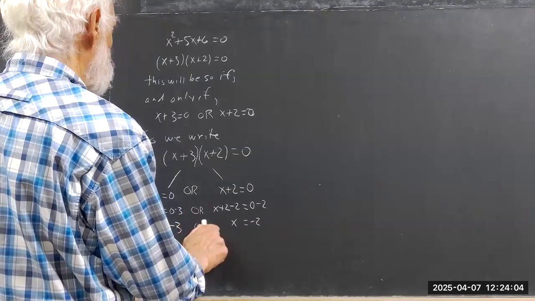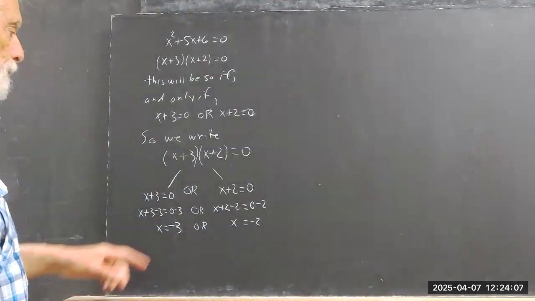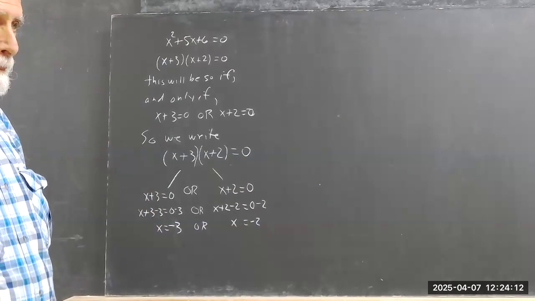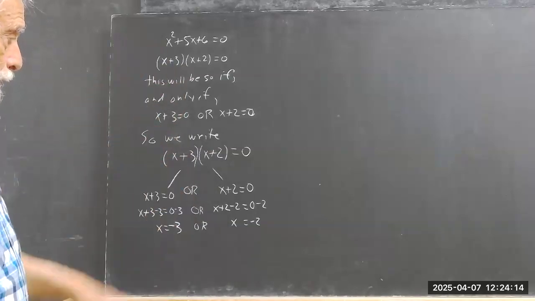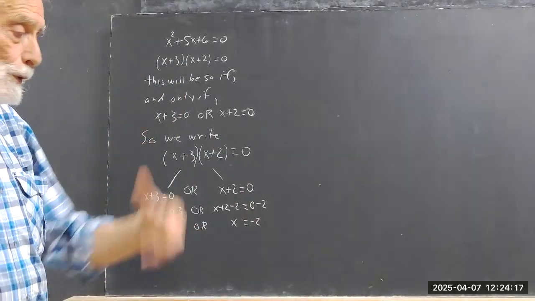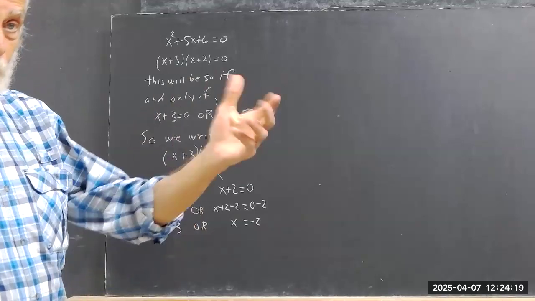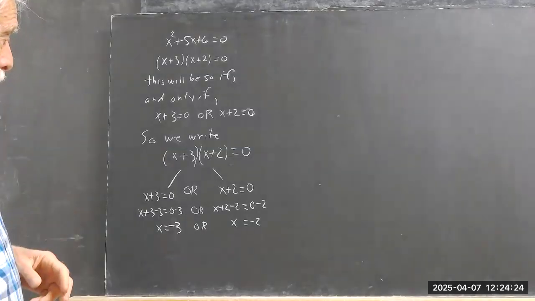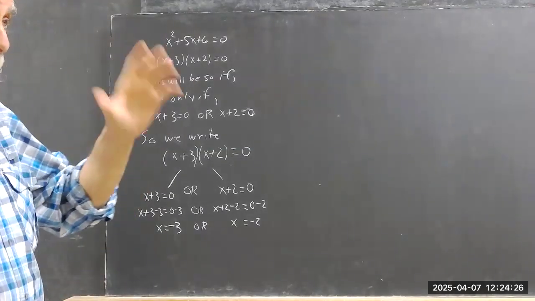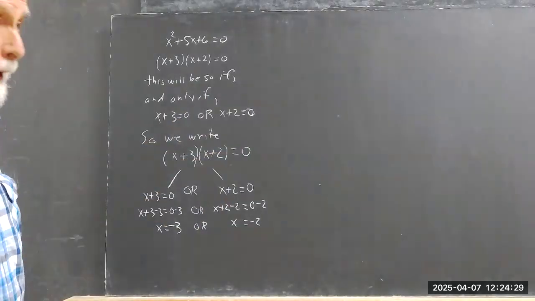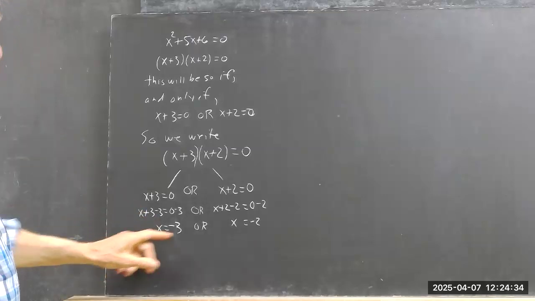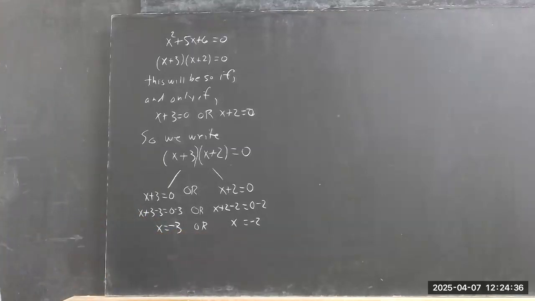Write that word or in there every time, because the distinction between and or becomes real important in some cases. So we want to get on the right track. I told you the same thing about absolute values. Many of you picked it up, okay? Not everybody did. And then not everybody did absolute values correctly, but most people did. Okay? So anyhow, there we have it. x equals -3 or x equals -2. Okay.